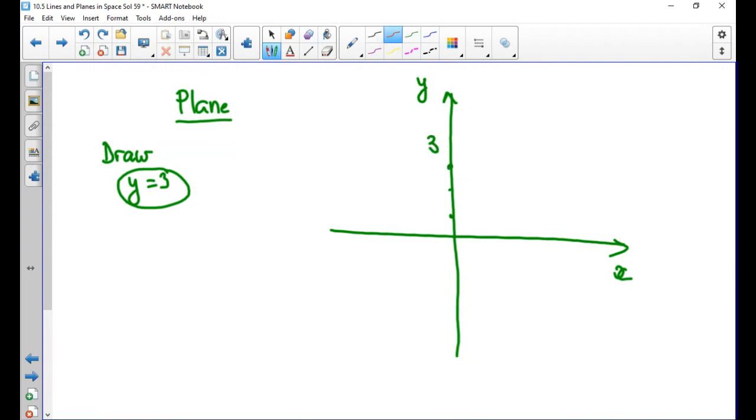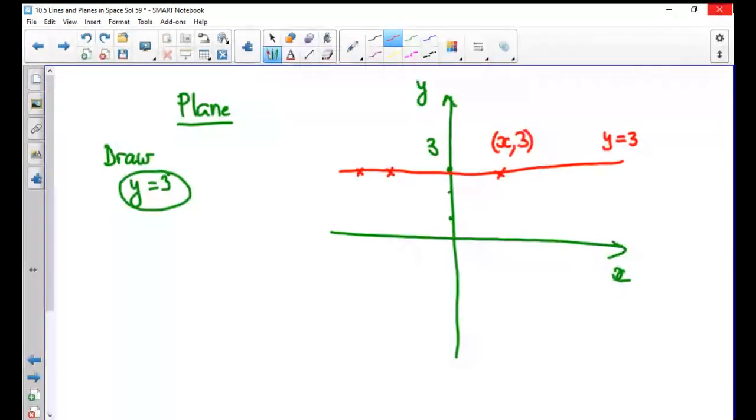So this is y equal to 3. That means you take any point on this line, the coordinate will be x, could be 1, 2, 3, but y is always 3. So every point on this red line will be of the form (x, 3).